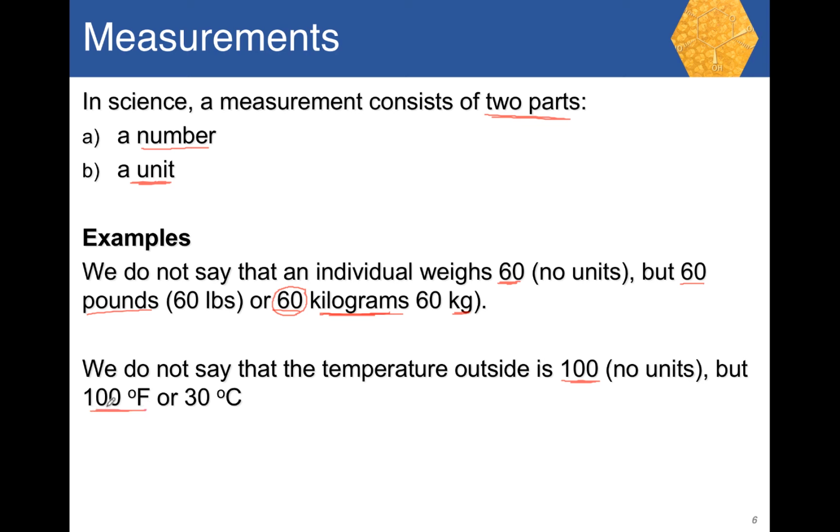Then we can get an idea of how hot or how cold it is. Of course, that's a very hot temperature for the weather. Or we can say it's 30 degrees Celsius. Again, pretty warm. But again, you need these units here whenever you give a measurement. Let us continue.